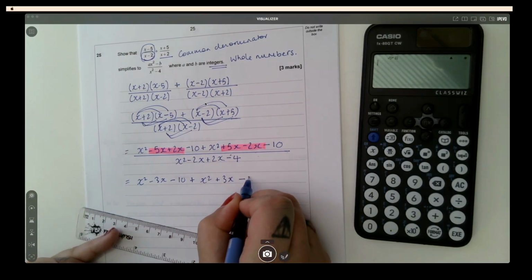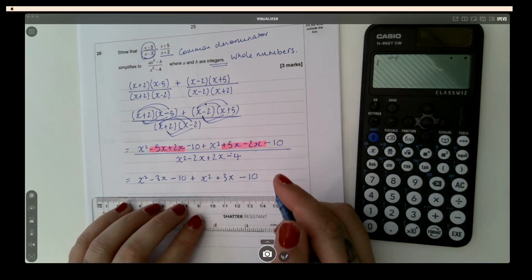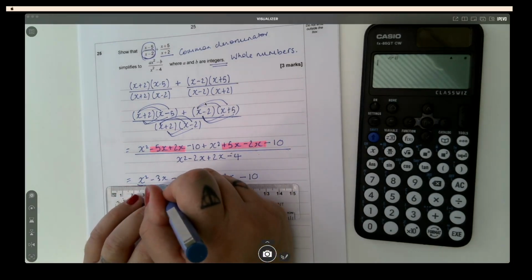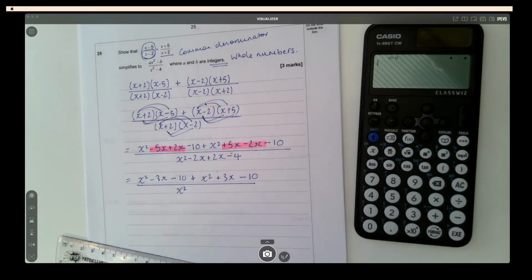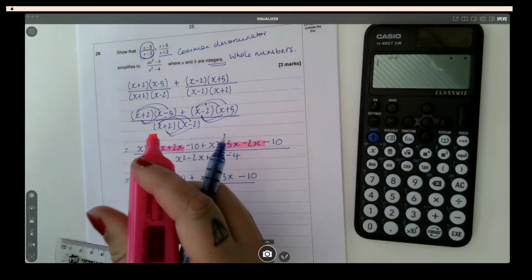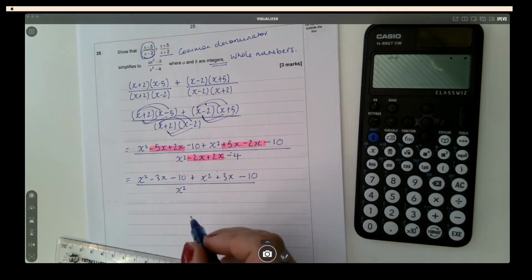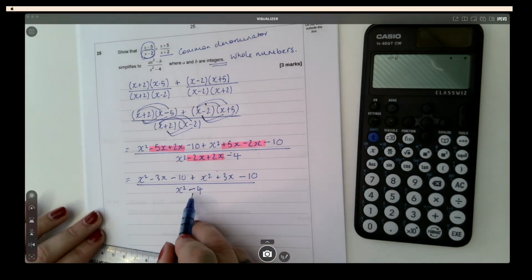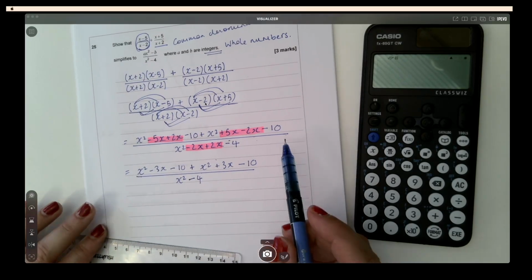And then we've got subtract 10. So that's simplified the top, so we're dealing with less terms. Let's do the bottom. So we have x squared, and then we have negative 2x, add 2x. So they cancel each other out. So that leaves us with x squared subtract 4 on the bottom, which is reassuring because that's what we're aiming for in this final form.